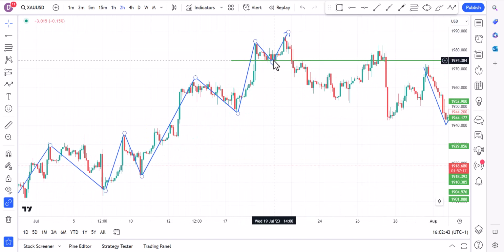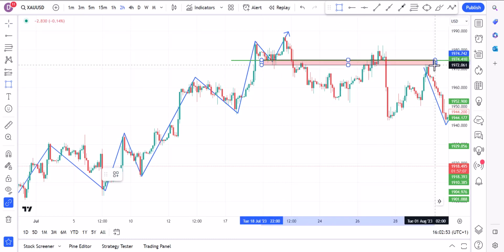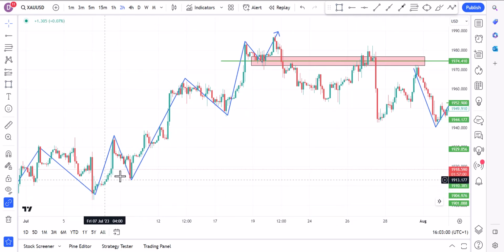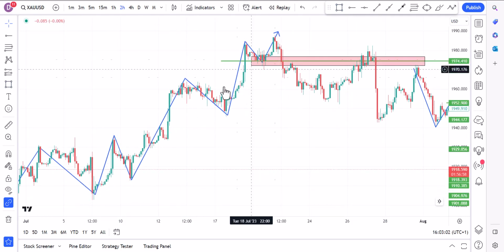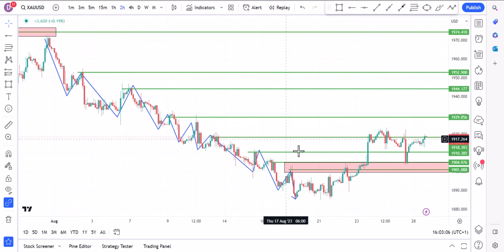Instead of this being a support level to propel the market to continue going up, you can see that the market was able to break through this. And like I stated earlier, anytime the market takes out any structure, it comes back to retest. This is what we are having here, and you can see that this trend has successfully changed from an uptrend to a downtrend. The same thing is happening here.